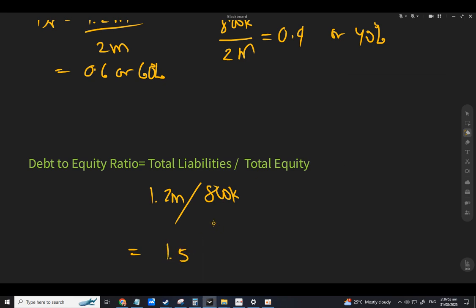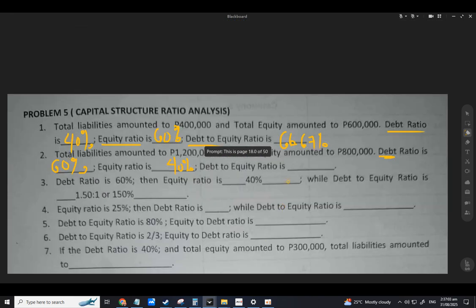This is the answer, and if you want to convert it to percentage, multiply it by 100, which is 150%. So our debt to equity ratio is 1.5, or 1.5 to 1, or 150%.